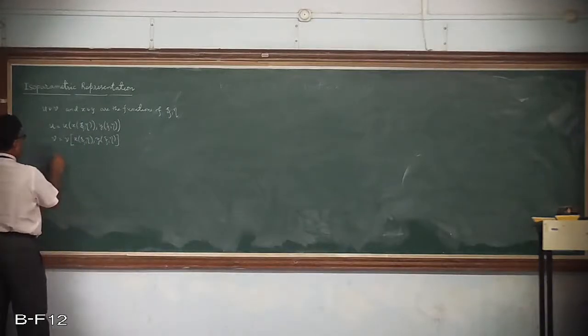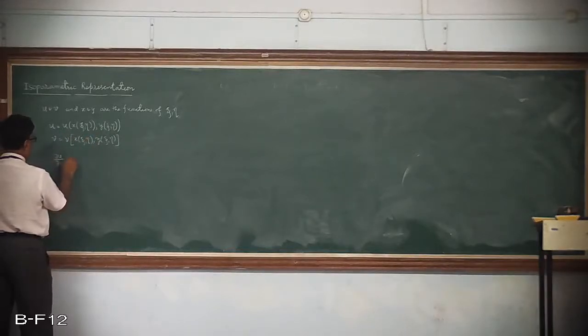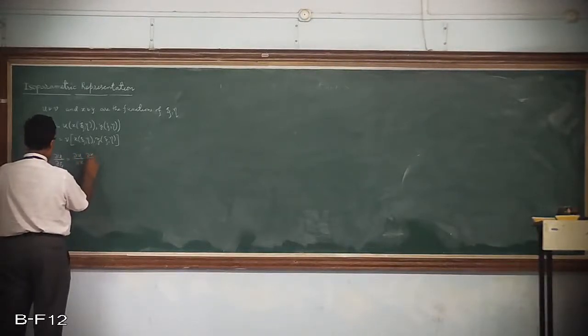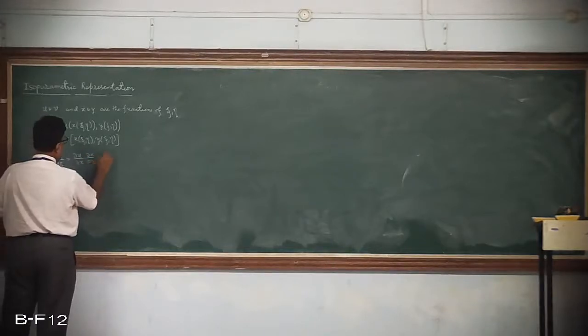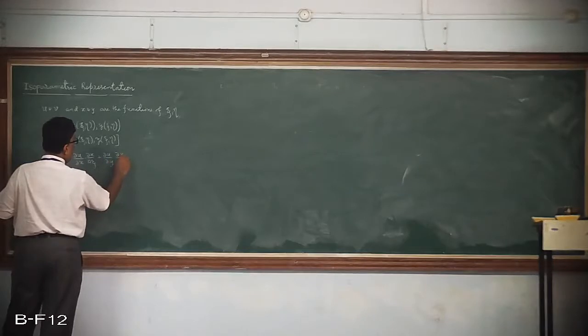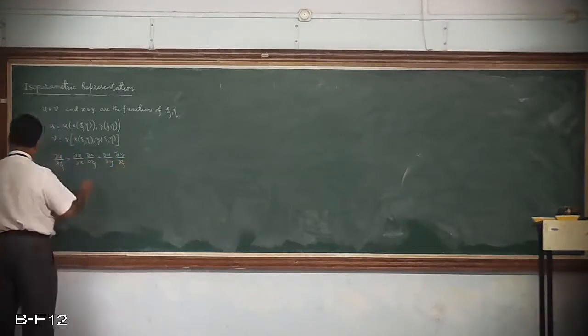Since the displacement depends on two factors, obviously I have to use partial derivatives. Dou u by dou zeta can be written as dou u by dou x into dou x by dou zeta plus dou u by dou y into dou y by dou zeta. This is the first one.